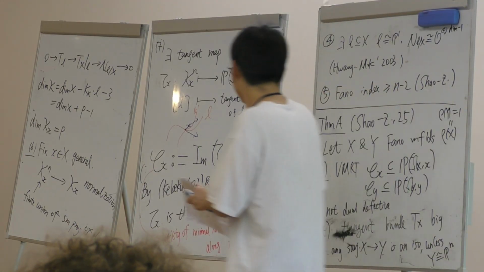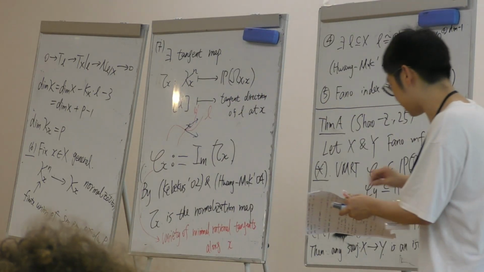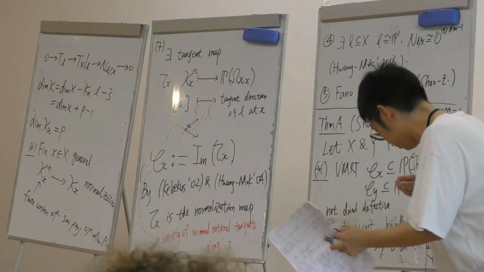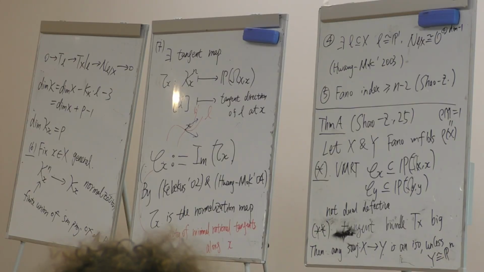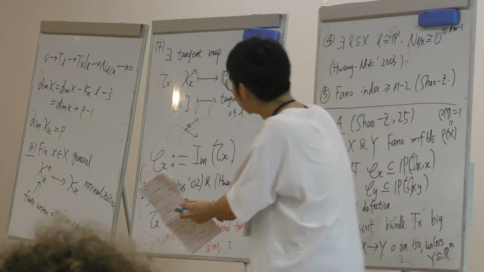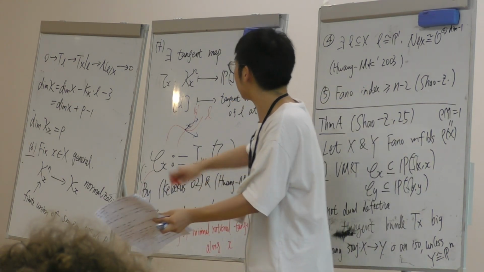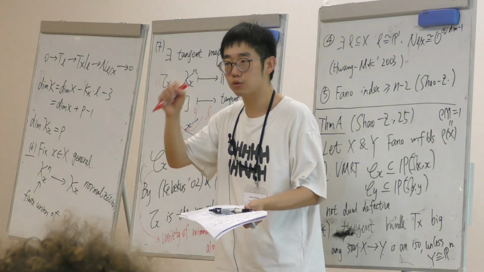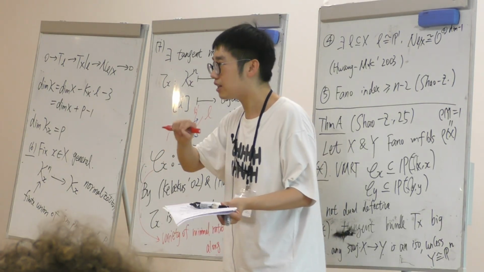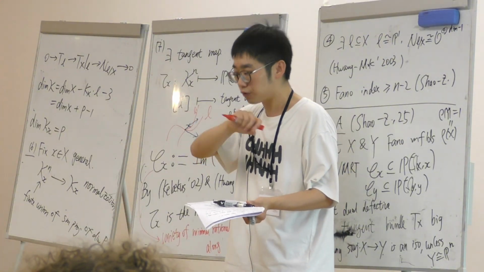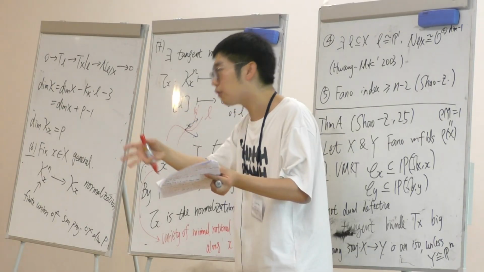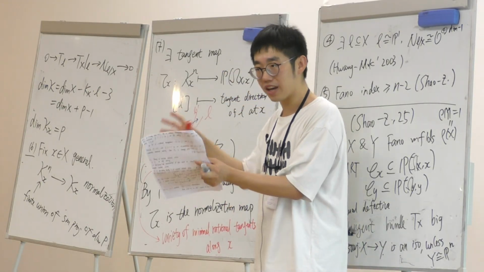Okay. So this not dual defective means... What does mean rational tangent? I explained this because this kx is all the minimal rational curves passing through x, and for each minimal rational curve, you take its tangent direction, and you collect all of the tangent directions together, you obtain a variety.